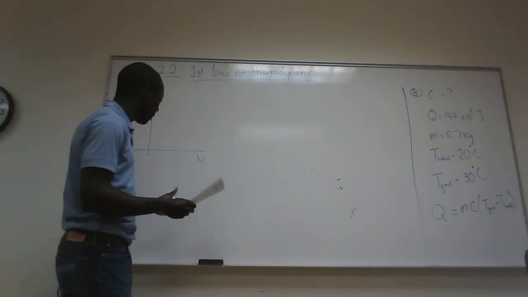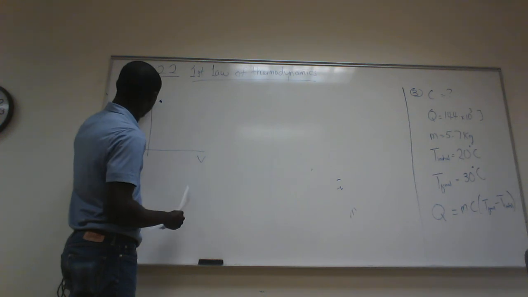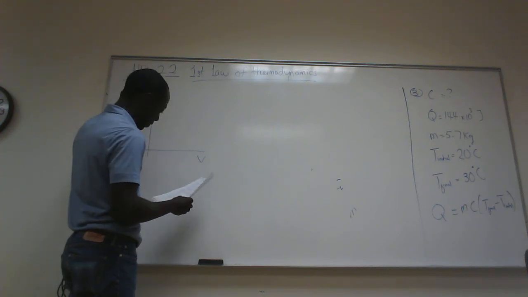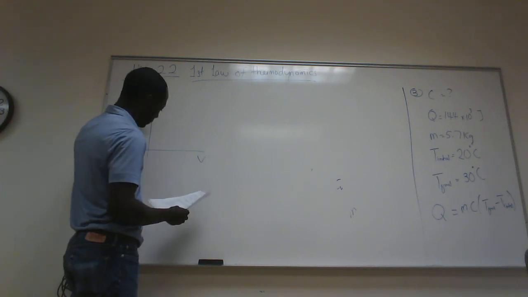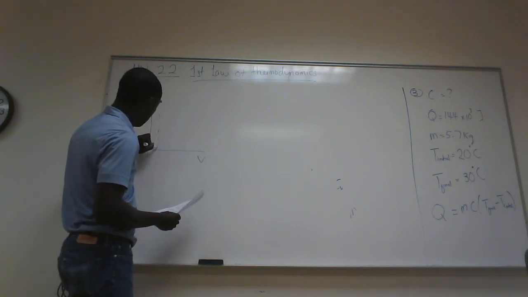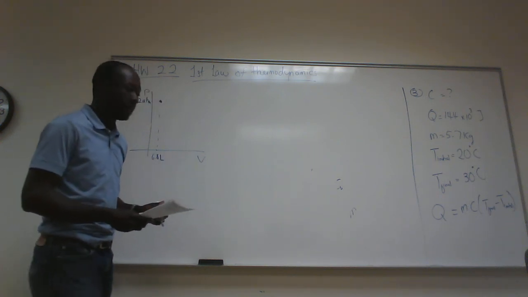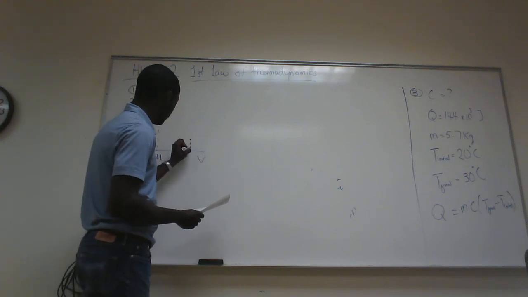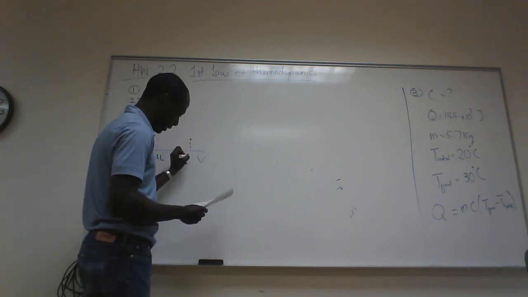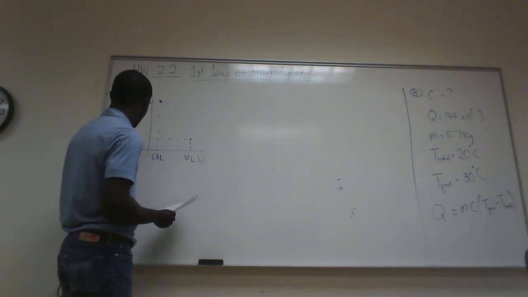And we're told that a system goes from some initial position in phase space where the pressure is 2.2 atmospheres and its volume is 6.8 liters, to another point here where it has a volume of 10 liters and a pressure of 1.5 atmospheres.